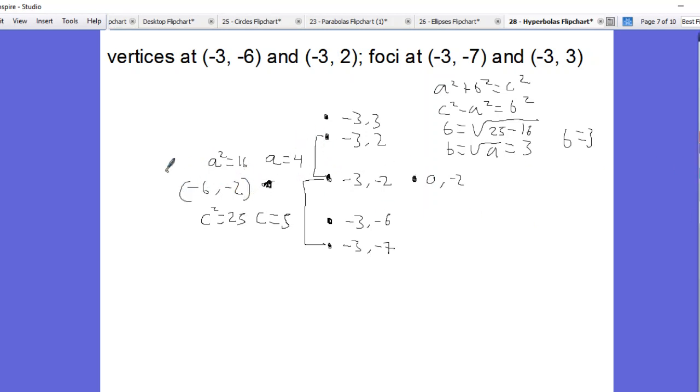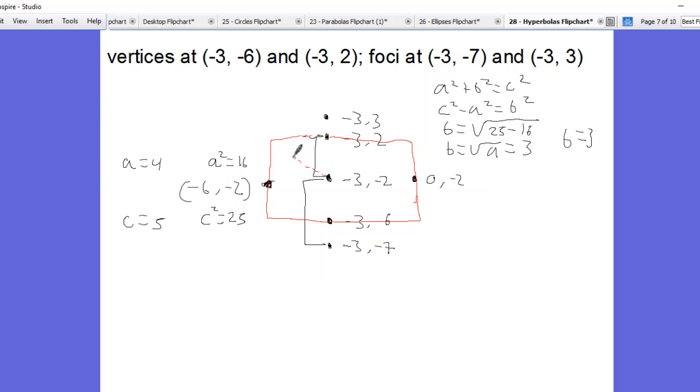And here, a is equal to 4, c is equal to 5. I'm going to not obstruct drawing this hyperbola. Here's how we draw the hyperbola. We make a box between the vertices and the covertices. This is supposed to be to scale, but this is not.